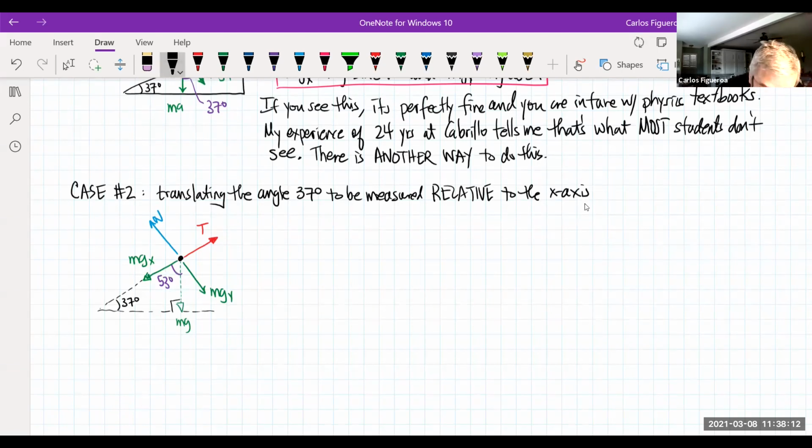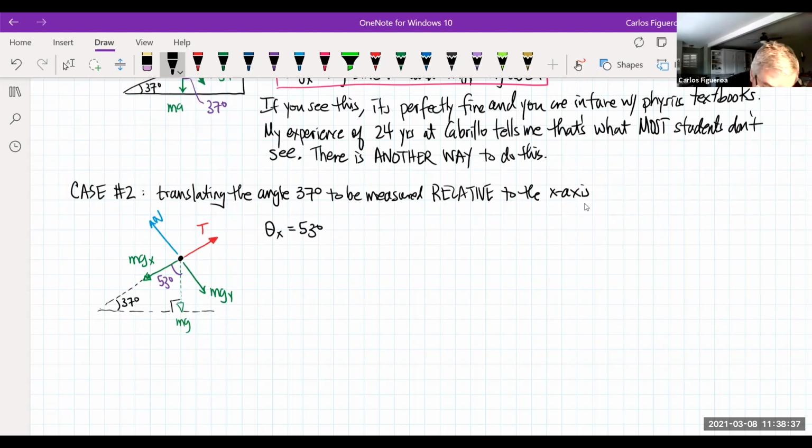So what that tells us is that now that the angle is measured relative to the x-axis, the angle relative to the x is 53 degrees. So many people then say, oh, wait a minute.